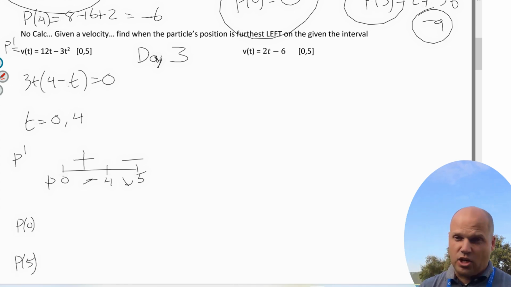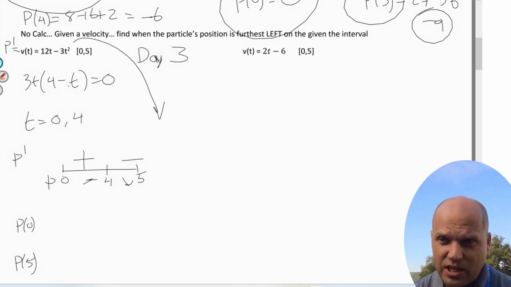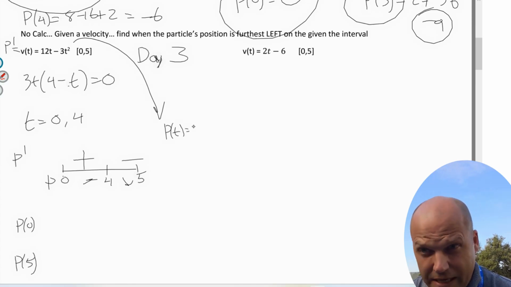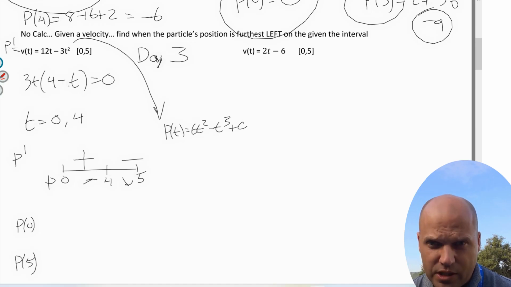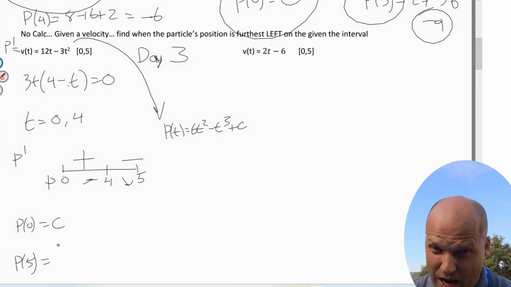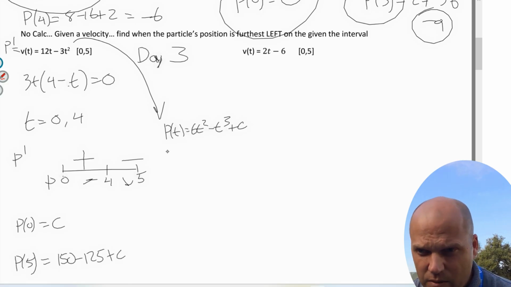Now, the only way to determine it is to take the antiderivative. Not necessarily to get the actual positions, but we don't really need them. I got 6t squared minus t cubed plus c. My position at time 0 is c. My position at time 5 is 25 times 6, which is 150, minus 125 plus c, which is big, but we can do it.